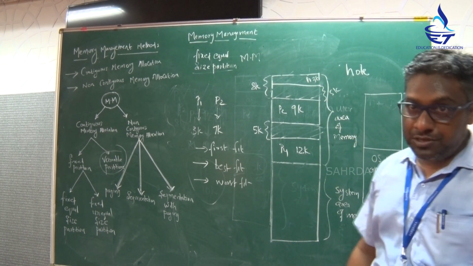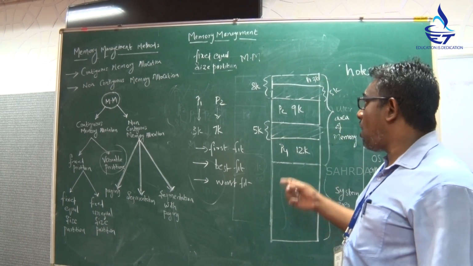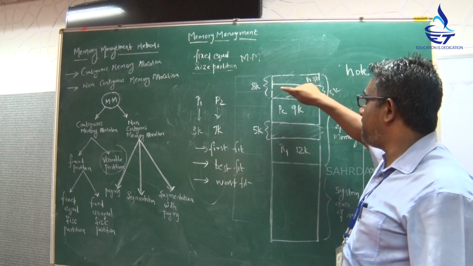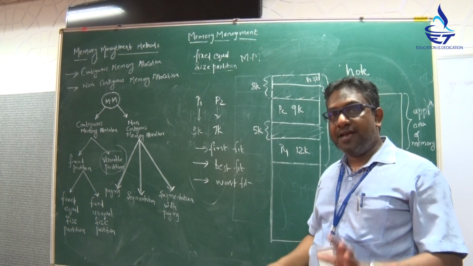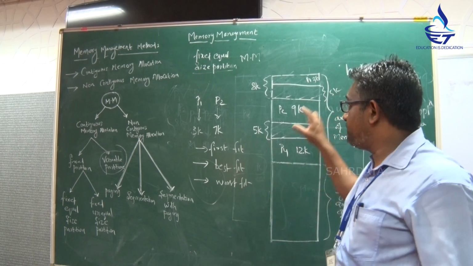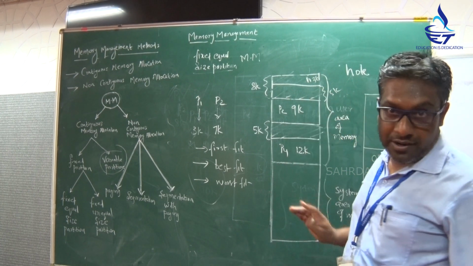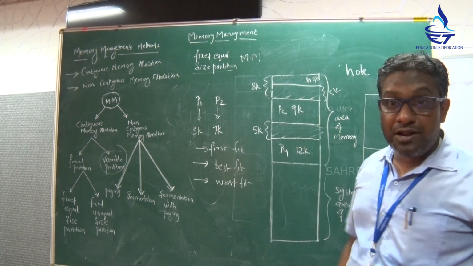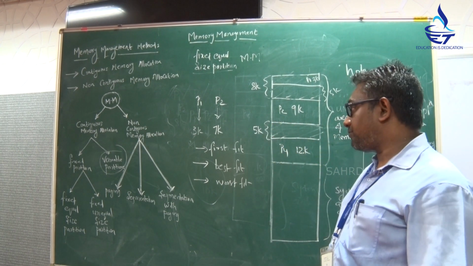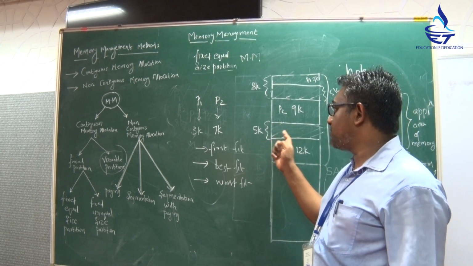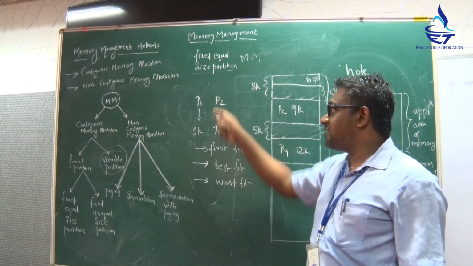Then P2 comes. Can it be placed in the next memory segment? No, because that segment is 5K, which is less than the size of P2. For placing P2, there must be at least 7K, so it is not available here. It will go to the next free memory space, which is also 5K.